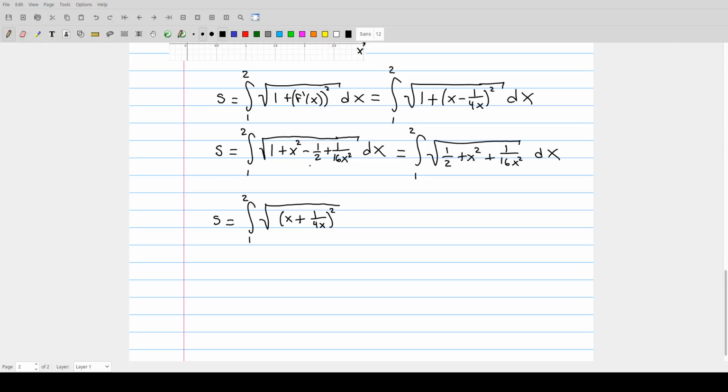And if you don't believe me, you can FOIL that out, and this is exactly what you'll get. So the square root of x plus 1 over 4x squared is the same thing as the absolute value of x plus 1 over 4x, but because x is positive on this interval, this is just equal to x plus 1 over 4x, because this function is never negative on this interval from 1 to 2.